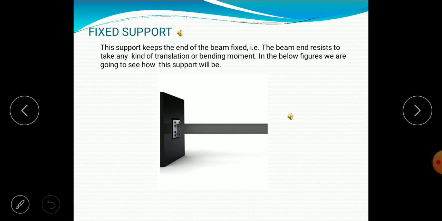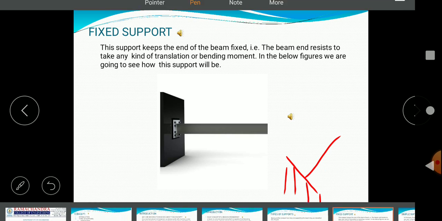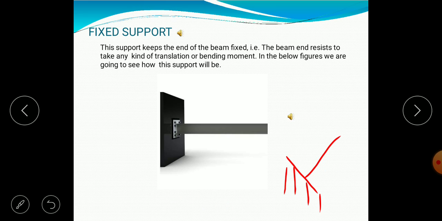Suppose let us take a fixed support. The representation of the fixed support is like this, where this horizontal member is known as the beam, and it is provided with a support which is represented like this, which indicates that it is a fixed support.